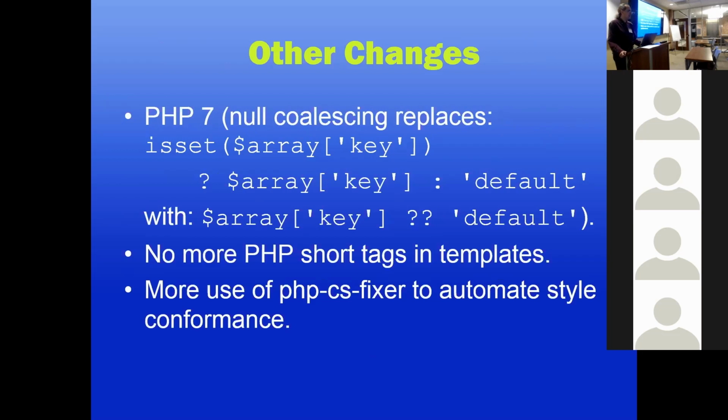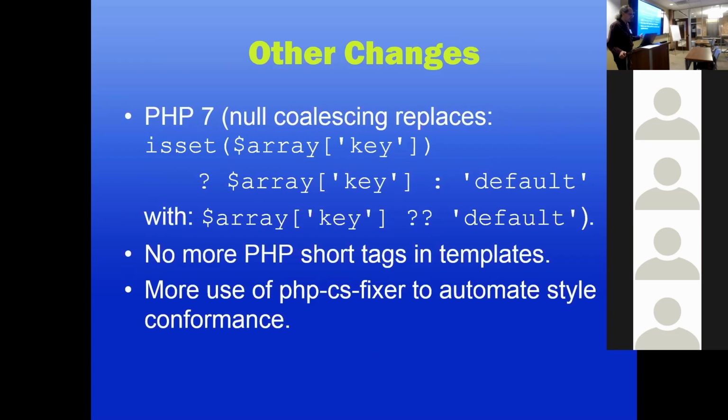And fortunately, the PHP CS fixer tool that we use to normalize our code styles has a rule that will just automatically convert short tags to long tags. So it was no big deal to make this change, and we are secure in the knowledge that there won't be any regressions in the future because PHP CS fixer will catch them and fix them.